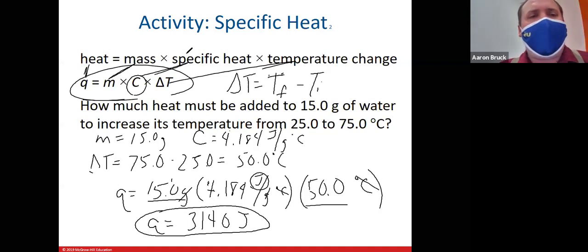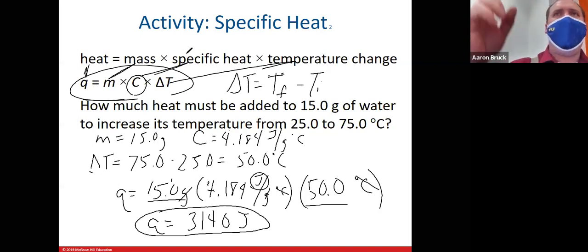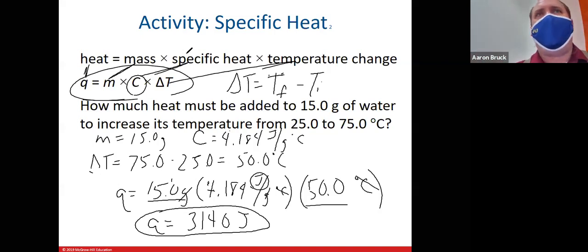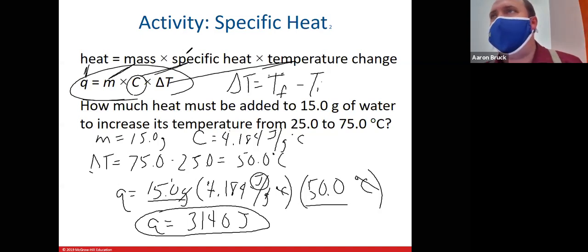In these calculations, the sign is just an indication of the direction that the heat is going. When the heat is leaving the system, we're going to see a negative sign on that value of Q. When the heat is entering the system, we're going to see a positive value on that Q.